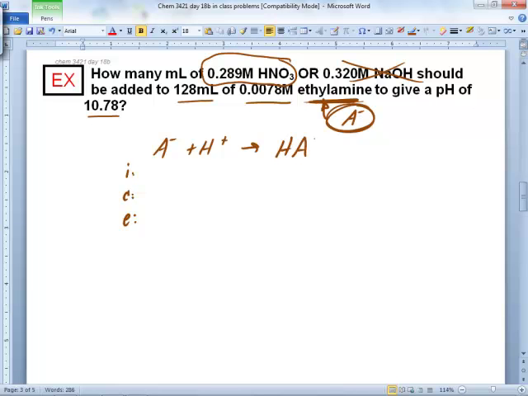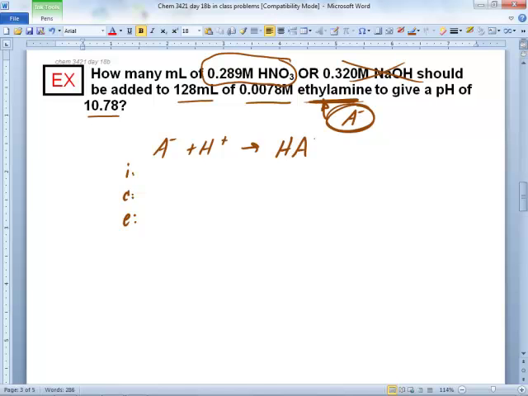That's it. Now it might have been easier for Randy if we would have actually written out the structure for ethylamine, and then you'd see, oh okay, it's going to form what's in that table, right? But it's the same thing. You get the same answers.